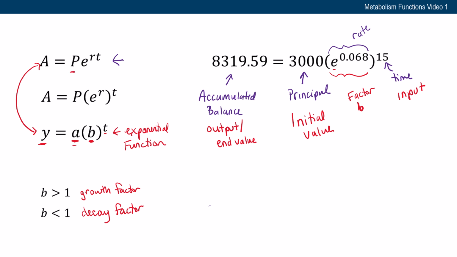We're now going to be using the letter A to represent that same thing, so principal or initial value. Here, the e raised to the r power, when it was continuous, was our continuously compounding rate. We're now just going to simplify that to represent our B value, which is the factor. And you'll notice that both formulas are raised to the T power, which represents time.